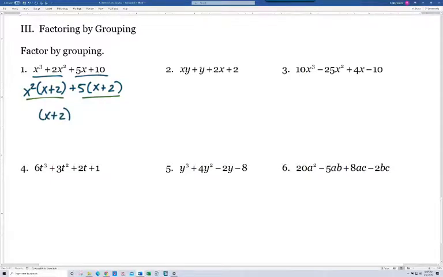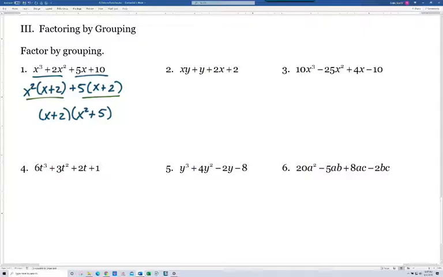First we look at our first term and ask ourselves, what times x plus 2 gives us that first term? Well, that would be x squared. And then for the second term, what times x plus 2 gives us that term? Well, we need the 5. And so our final answer here is the quantity x plus 2 times the quantity x squared plus 5.